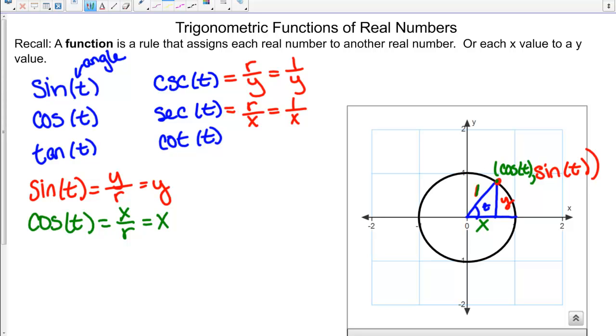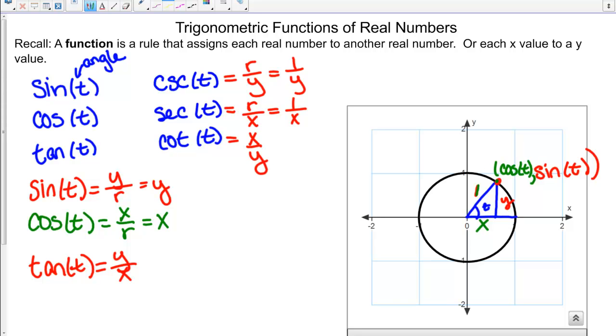So tangent of our angle t is going to be y over x. And then our cotangent is going to be x over y.